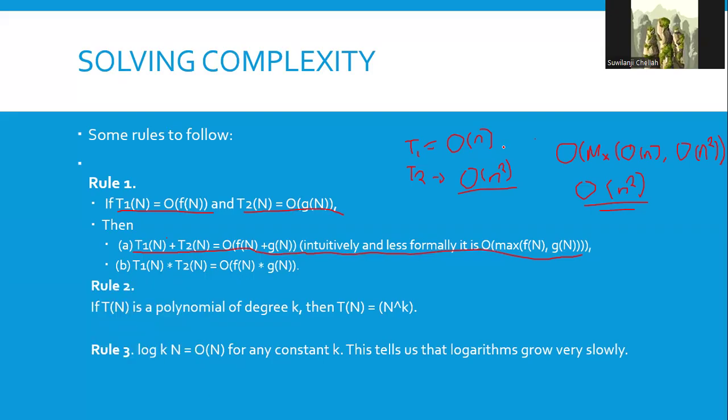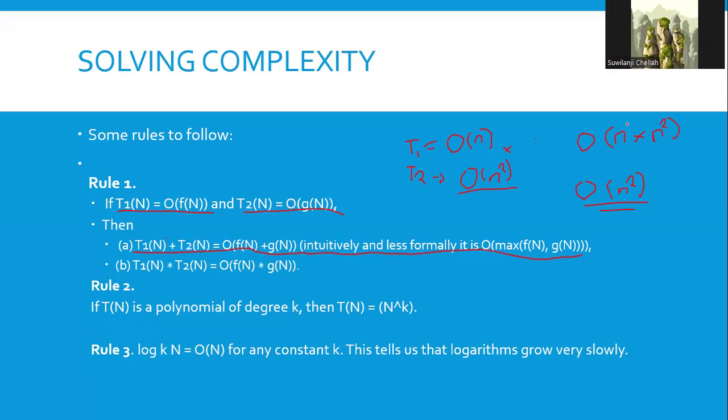If we multiply these two functions, then when we multiply these two algorithms, our time complexity is going to be big O of n multiplied by n squared.